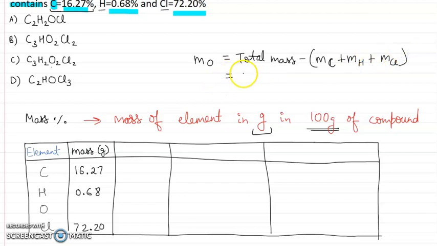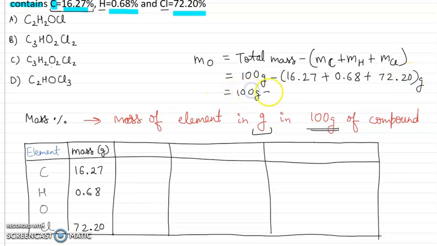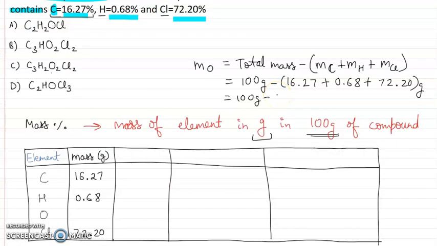Here the total mass is 100 gram, the mass of carbon is 16.27, the mass of hydrogen is 0.68 and the mass of chlorine is 72.20 gram. So 100 gram minus 89.15 gram is equal to 10.85 gram. So the mass of oxygen is 10.85 gram.